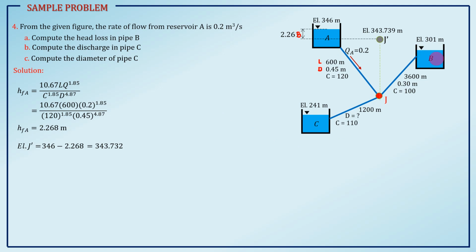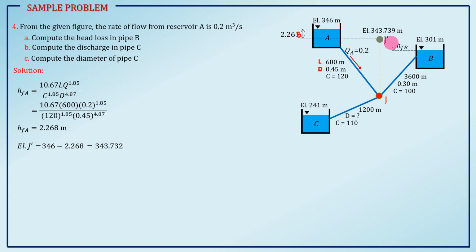We know that the head loss at pipe B is just the difference in elevation of junction J prime up to the water surface elevation in the reservoir. So, given J prime, subtract 301.